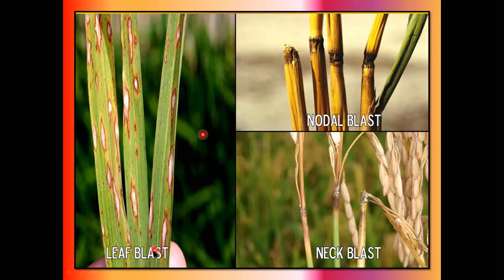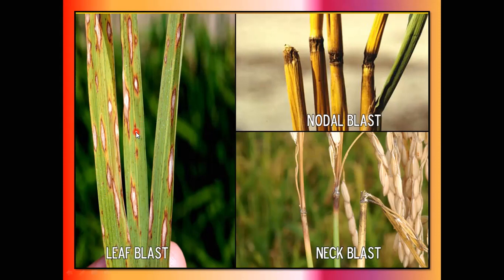First of all we discuss leaf blast. When the pathogen infects a healthy leaf of the rice plant, initially small water soaked bluish green spots are seen on the rice leaf.